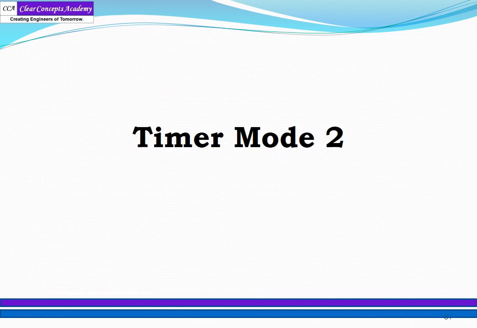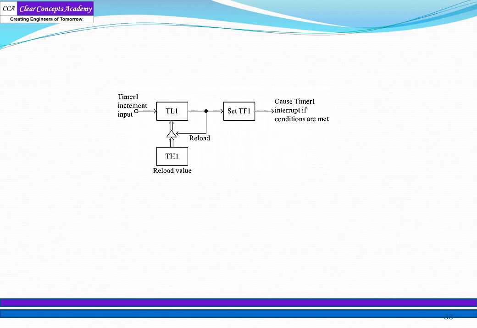Now we'll see what timer mode 2 is. This is a figure for timer mode 2. Here we are considering timer 1. You store some value in the high byte of the timer, TH1, and it is copied into TL1, the lower byte of the timer.